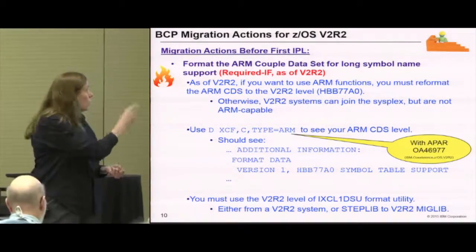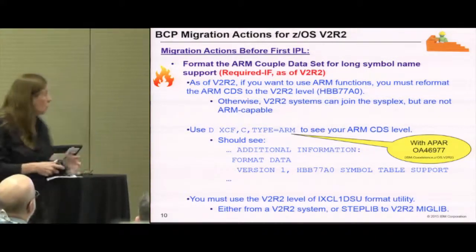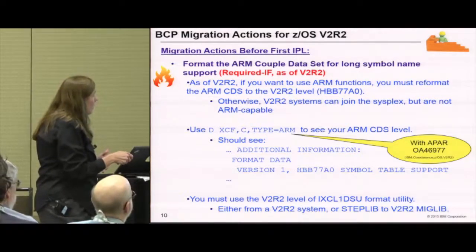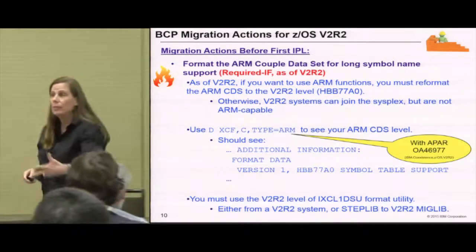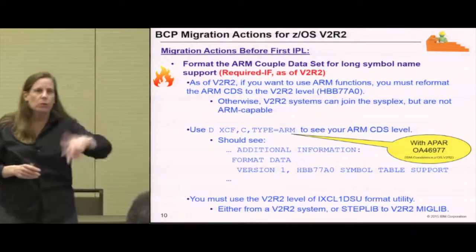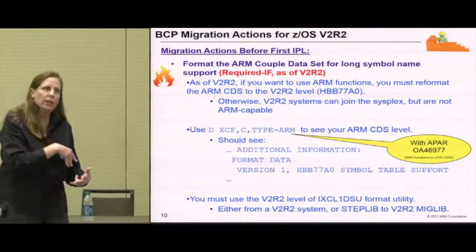With this APAR on, you can now coexist in a sysplex with different level systems, which is fine. But it also added the ability to do a display command so that you could see what ARM CDS level you have, because before the support you couldn't do a display command for it. So we got the display command support like we already had for logger.